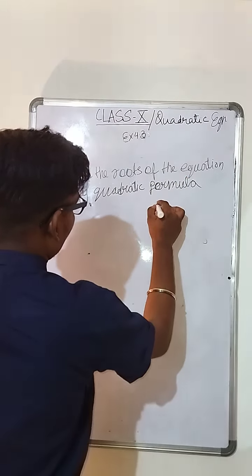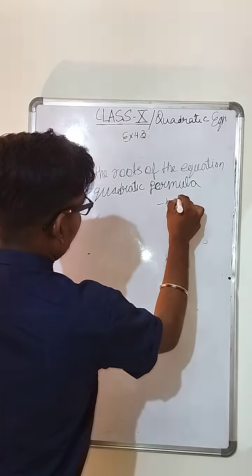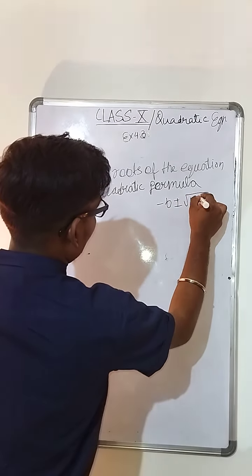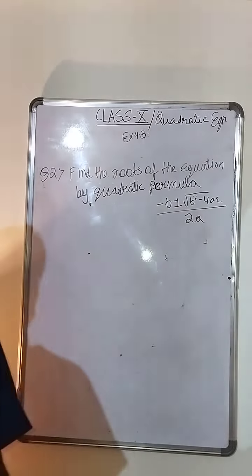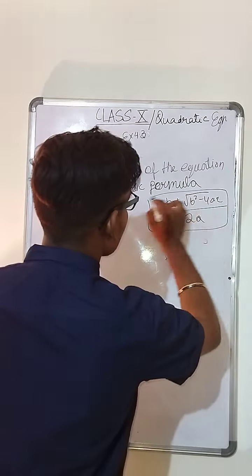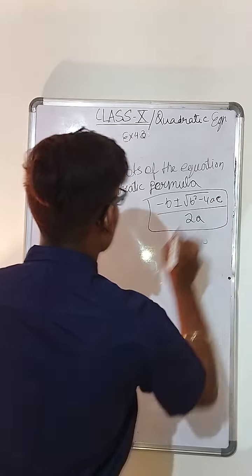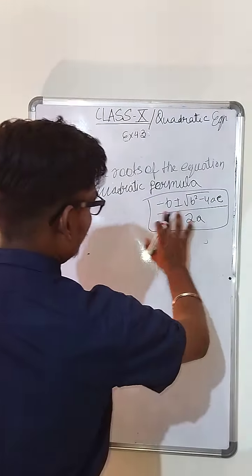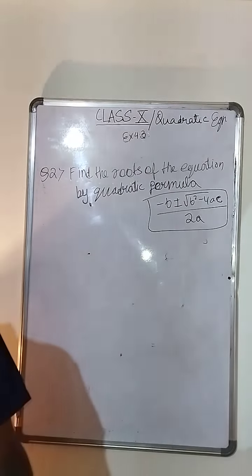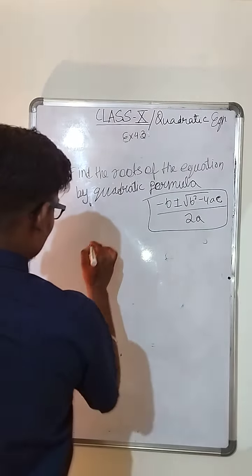What is the quadratic formula? Minus b plus minus root over b square minus 4ac divided by 2a. This is the quadratic equation formula. So in this question, second question, we will totally going to apply this formula. Okay, so what is the formula?